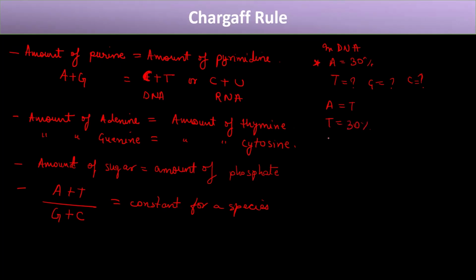The total will be 100%. Now adenine plus thymine is 30 plus 30, equal to 60%. So the remaining will be G plus C. G plus C will be 100 minus 60. That will be your 40. And we know guanine is equal to cytosine. So guanine and cytosine will become 20% each, right? So your thymine will be 30%, guanine will be 20%, and cytosine will be 20%.